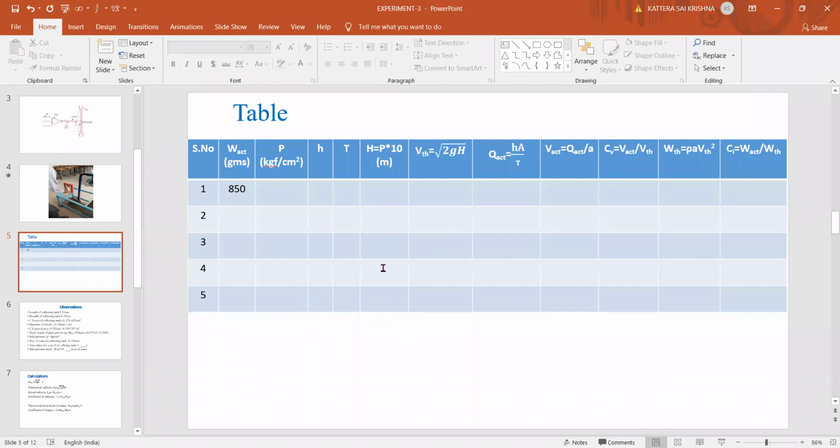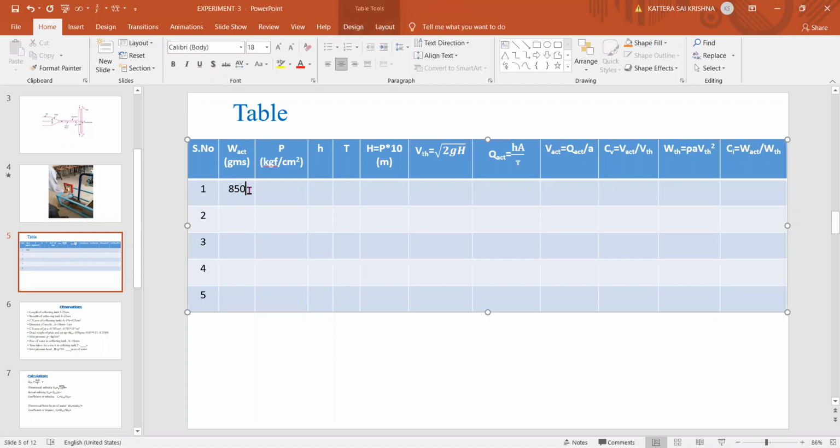Okay, so the initial reading W actual, this is 850 grams. We need to change this into Newton. So 850 grams, in terms of meters, we have already calculated. That is 8.338, and this is in Newton.